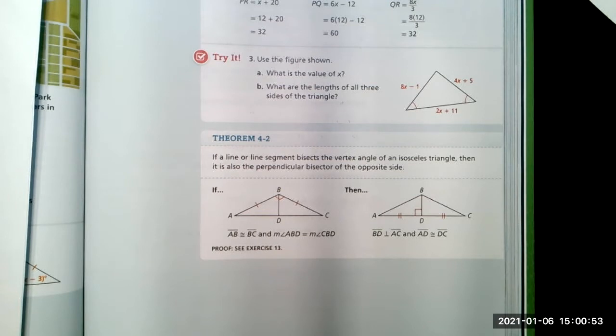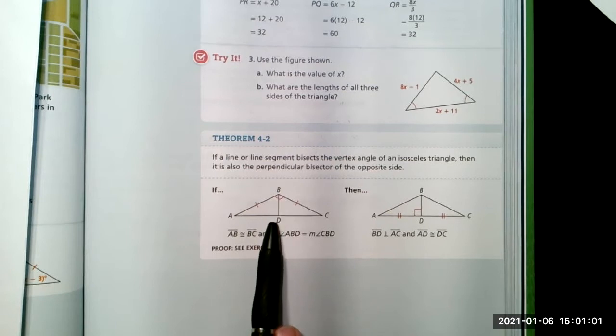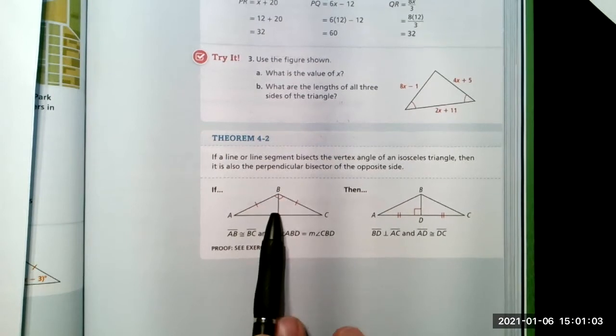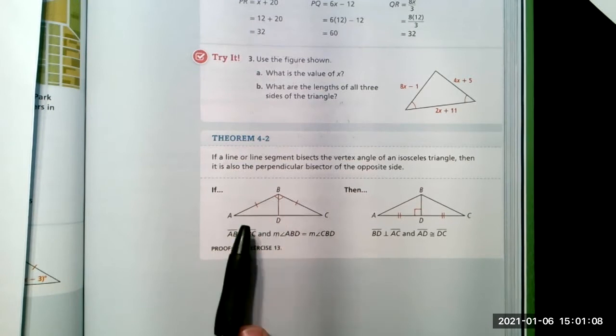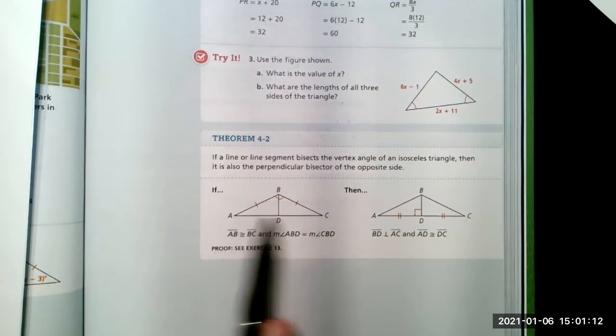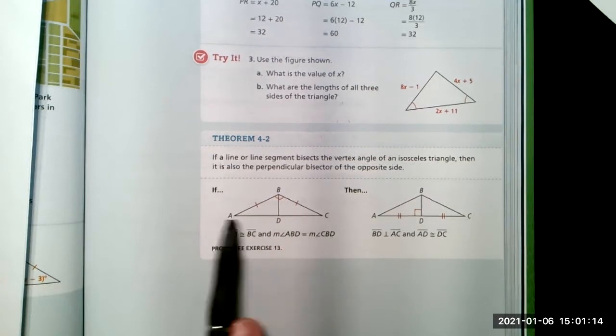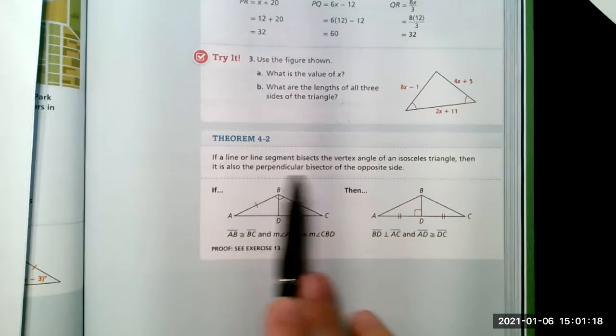What they're saying is if you have any isosceles triangle and you create a line that bisects that vertex at the top, that line that bisects the vertex and makes the left side equal to the right side for that angle is also going to bisect AC, the base of this triangle, but it not only bisects it, it's a perpendicular bisector. So that kind of means two things.